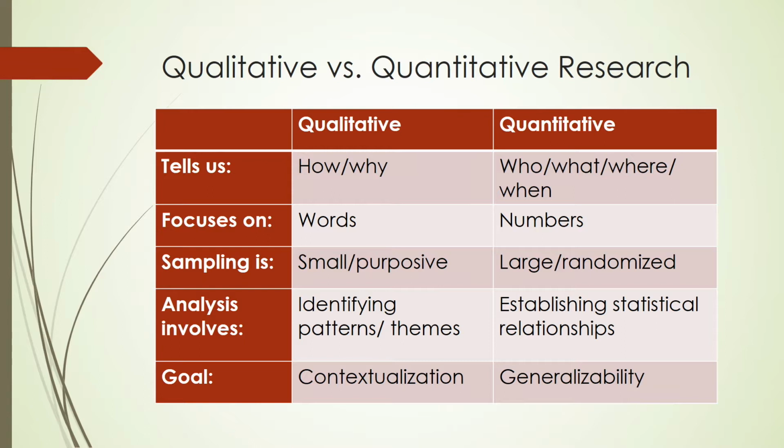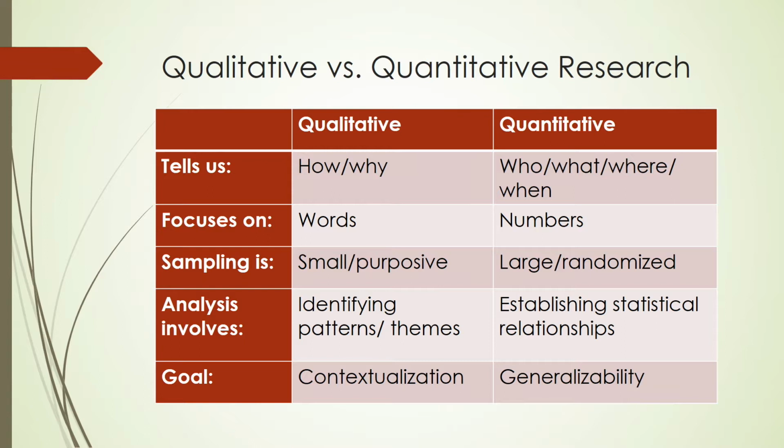For quantitative, you're really wanting to generalize, so for that reason, you're ideally sampling large samples of people randomly so that you're reducing bias and forms of confounding.